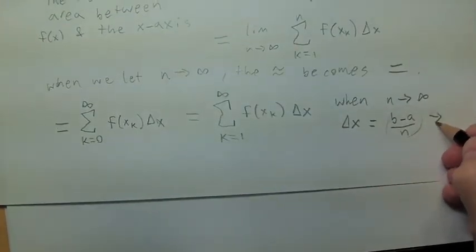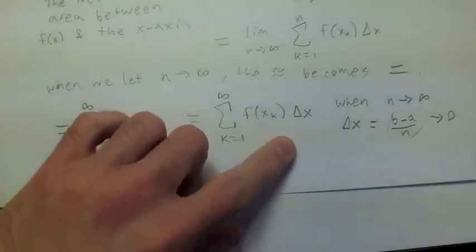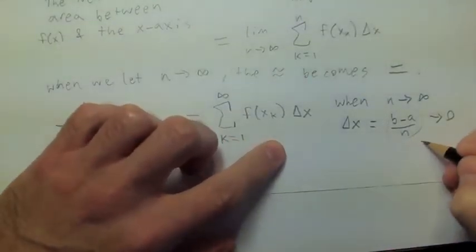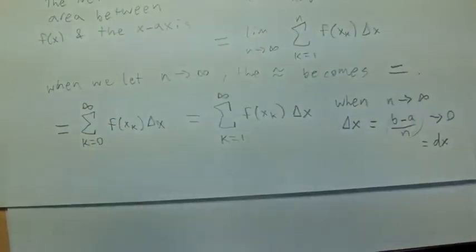Well, it goes to 0. So we basically have a delta x going to 0, and that is a dx. Remember, dx is your delta x when it gets very, very small. Not always, but in this abstract sense, consider it that way.